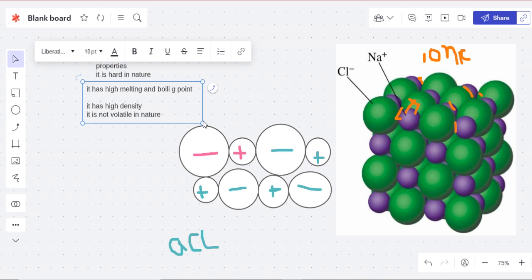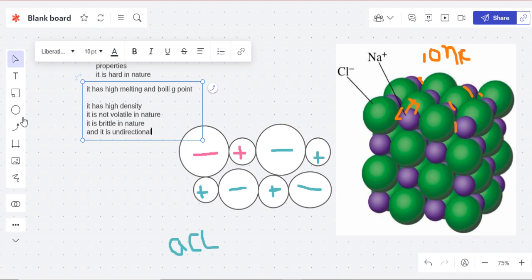One more property we can add: it is brittle in nature. I'll tell you what brittle means as well. I'm including 2 points simultaneously: it is brittle in nature, and it is non-directional. Now what do these 2 points mean? Non-directional.